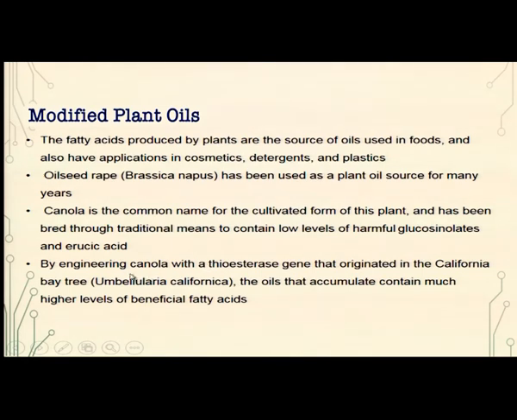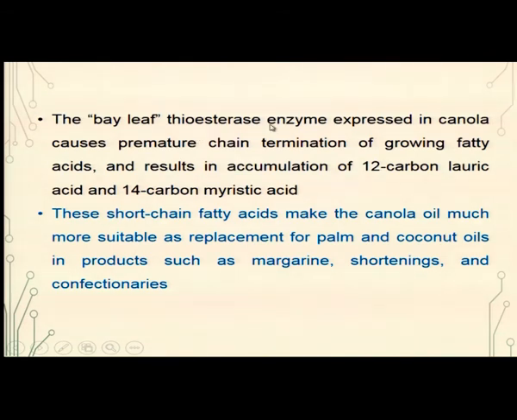We now have transgenic canola with a thioesterase gene taken from the California bay tree, whose oils accumulate higher levels of beneficial fatty acids. The bay thioesterase enzyme expressed in canola causes premature chain termination of growing fatty acids.